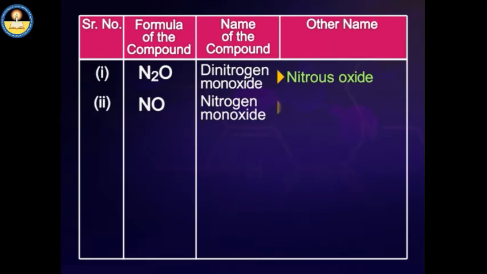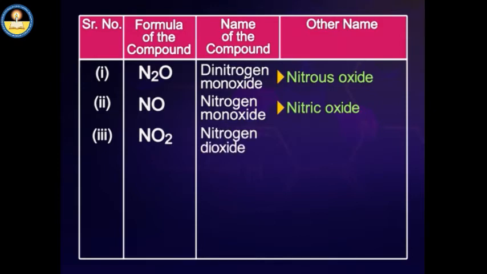Its other name is nitric oxide. Formula is NO2. Name of the compound is nitrogen dioxide. Other name is nitrogen peroxide.